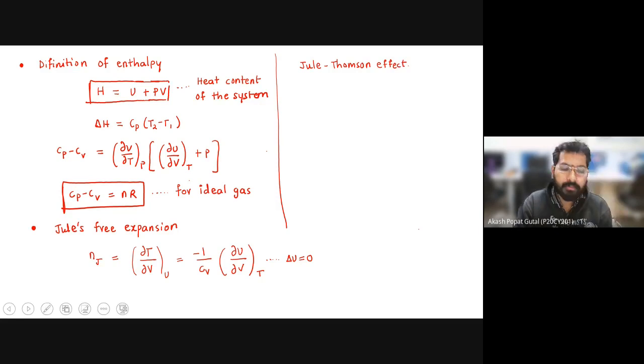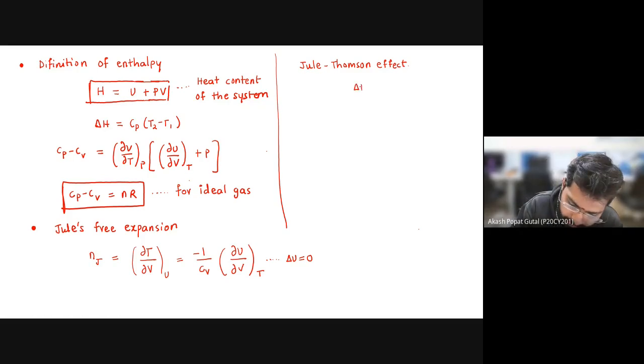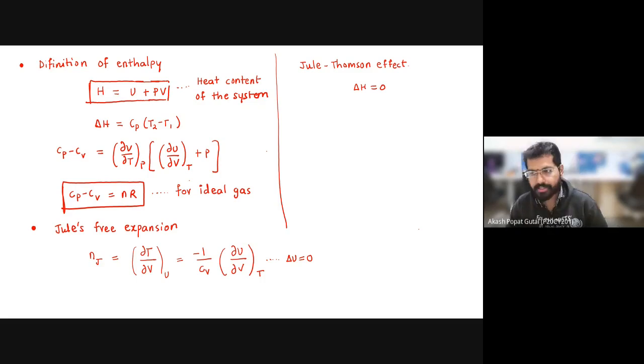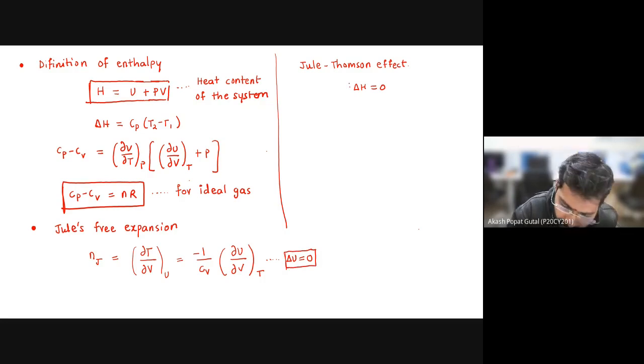For the Joule-Thomson effect, we have calculated that delta H is actually 0. So in case of Joule's free expansion, we have internal energy change 0, and in the Joule-Thomson effect, the change in enthalpy of the system is 0.